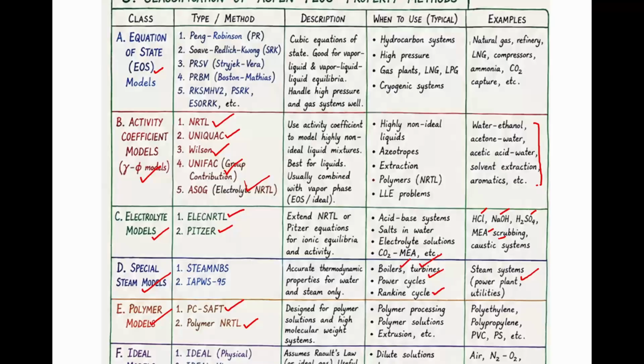And lastly, the ideal model, which assumes Raoult's law for ideal gas and is useful for dilute simple systems. We use it for dilute solutions, low pressure preliminary studies, and it includes air, nitrogen, oxygen, helium, etc. So these are the major classifications of Aspen Plus property packages.